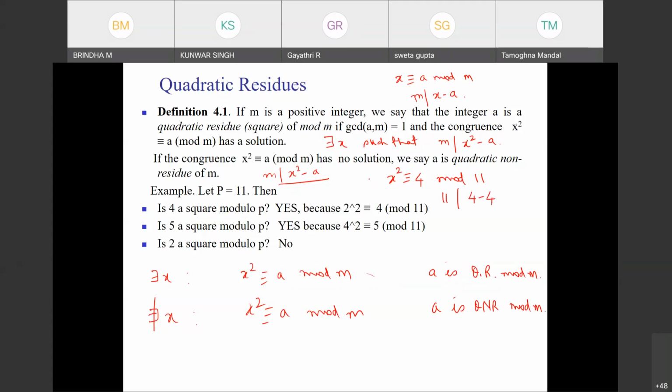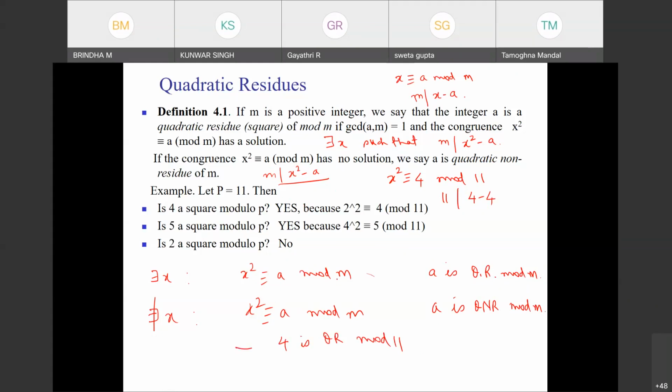That is true. So X equal to 2 is the solution of this equation. It means 4 is QR modulo 11.